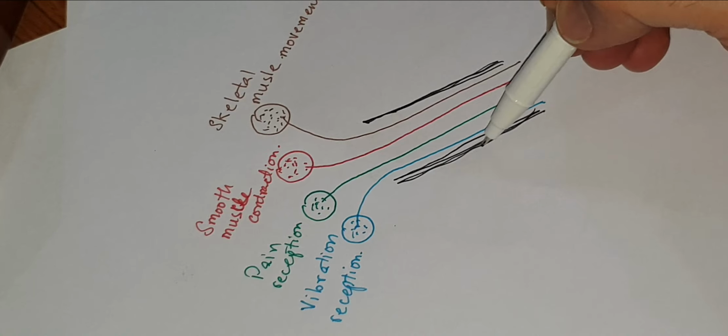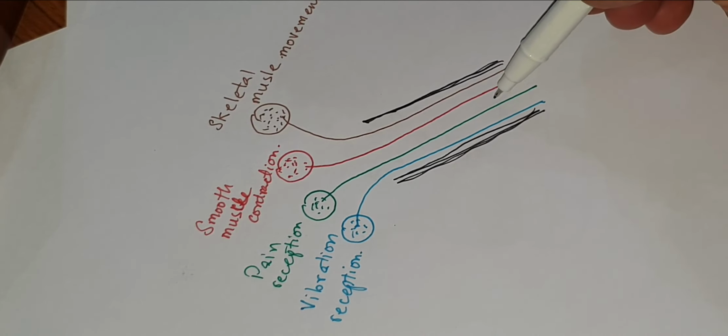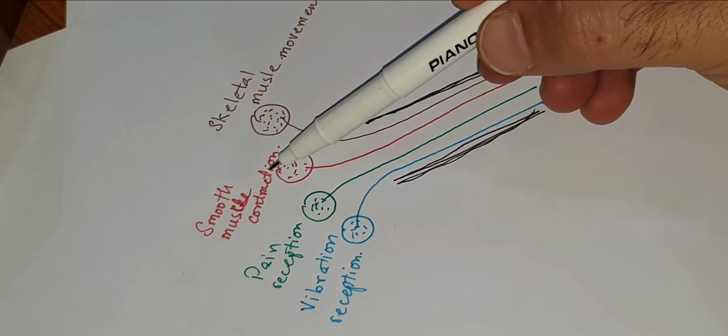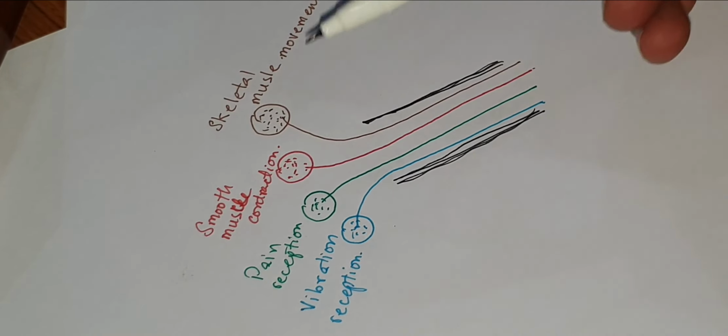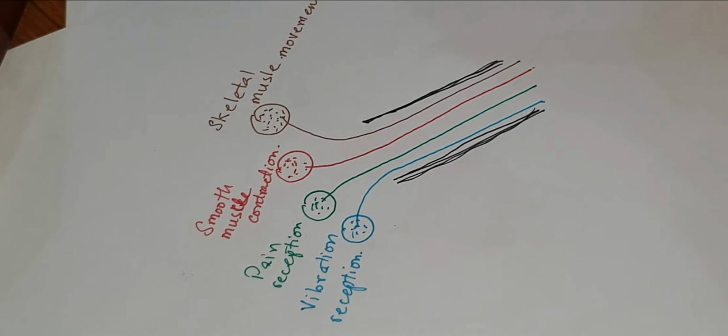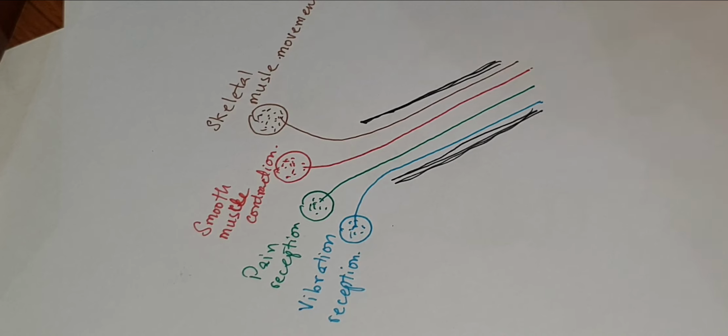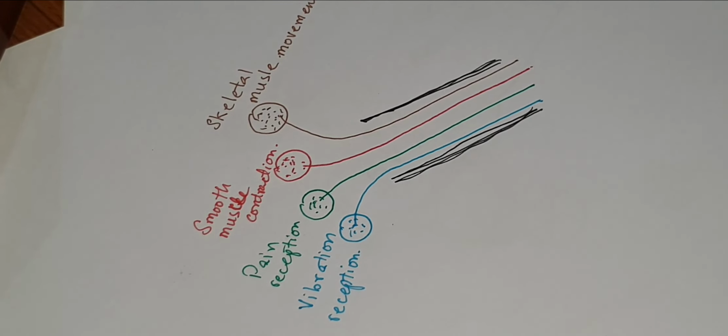So the functional components of this nerve are skeletal muscle contraction, smooth muscle contraction, pain reception, and reception of vibration. So this is the basic plan to make you understand what the functional components are. Now in the next part of the video, I'll discuss the functional components of a spinal nerve.